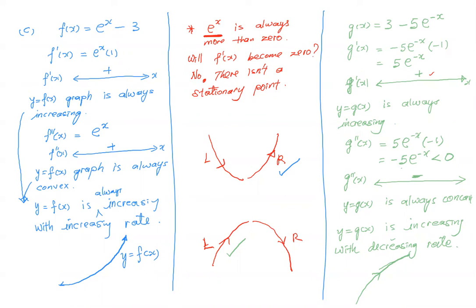That's why the rate is decreasing. It increased, but it increased slower. You get me? Yeah, okay. So this part is a bit difficult to comprehend.